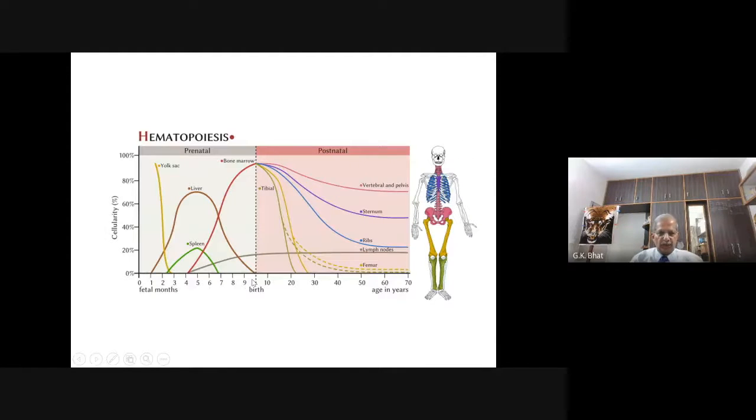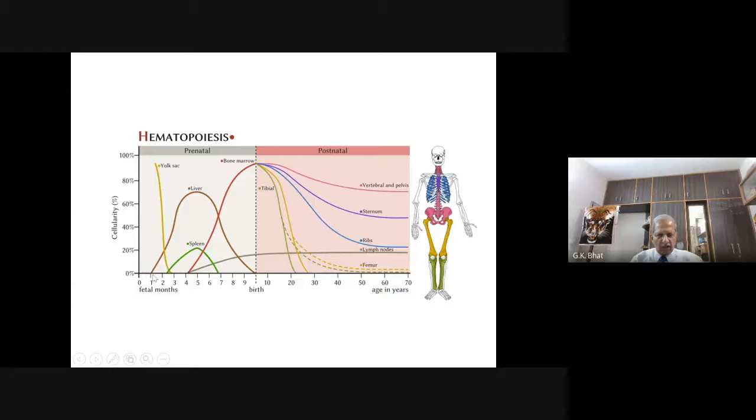Whenever the fetus develops in the womb of the mother, you see hematopoiesis, or red blood cells forming, in different parts of the fetus. Look here. When the fetus is passing through the first month of development, in fetal months 1 to 9 as shown, hematopoiesis, the formation of the blood cells, starts in the first month in the liver.